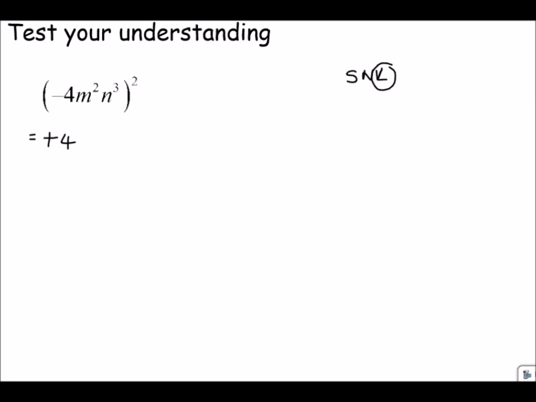When I raise a power to a further power, remember that's 4 to the power of 1. So we are going to say 1 multiplied by 2 is 2. M, 2 multiplied by 2 is 4. N, 3 multiplied by 2 is 6. Now I simplify. I don't need my positive. 4 squared is 4 times 4, which is 16. M to the power of 4, N to the power of 6.